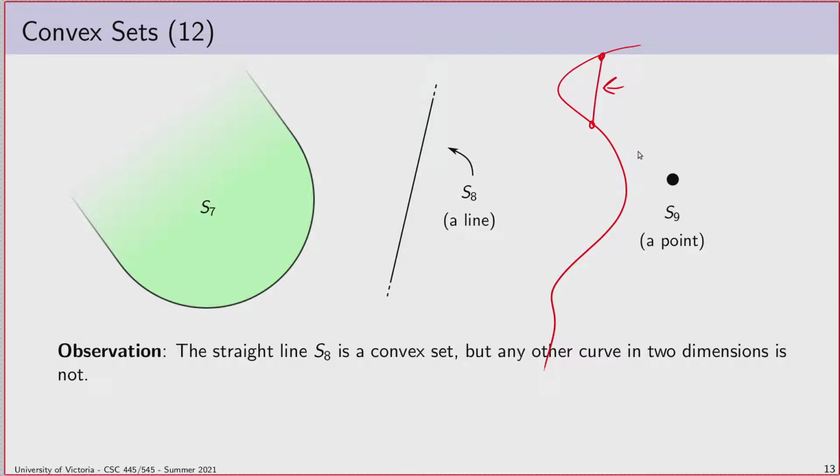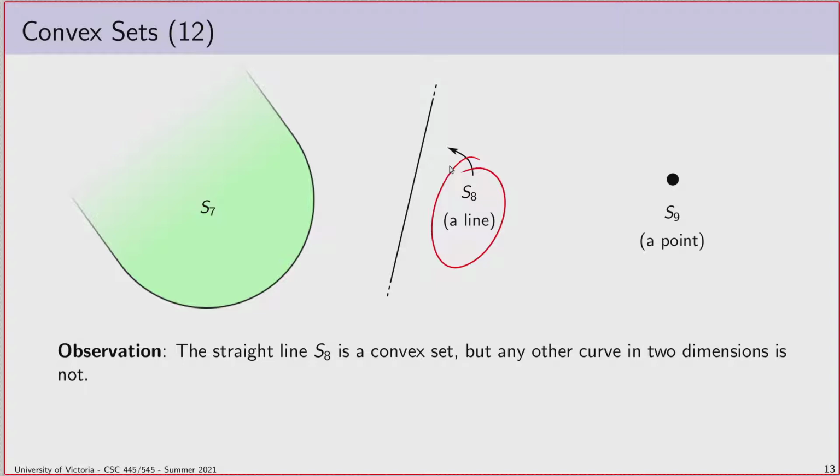It turns out that if I look at a curve in 2 dimensions and that curve is a convex set, it's going to have to be a line or a line segment. Other curves do not meet that definition. We'll see some of the advantages of convexity in a few minutes, and that's one of the reasons why linear programming makes our lives so much easier: linear constraints are guaranteed to give us a certain set of properties that relate to convexity that we can't necessarily be guaranteed for other types of constraints.